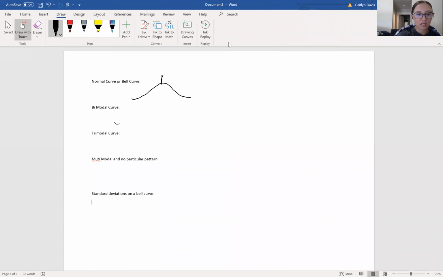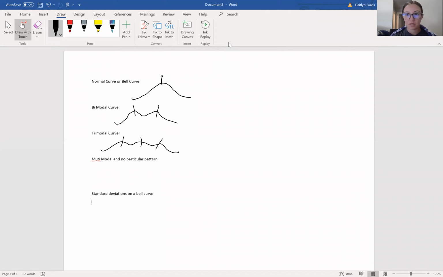So it goes up, down, kind of like that. We still have evenly distributed data because we have 2 equal top areas on both sides. And then trimodal is 3. So it's 1, 2, 3, like that, and we have our tops right there.